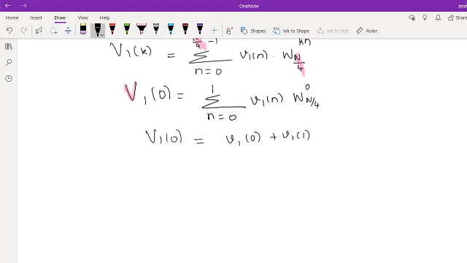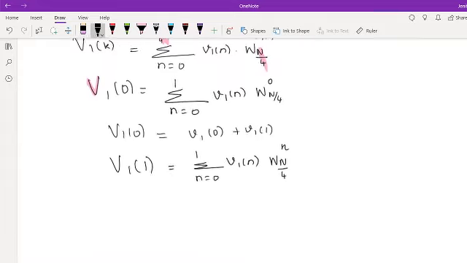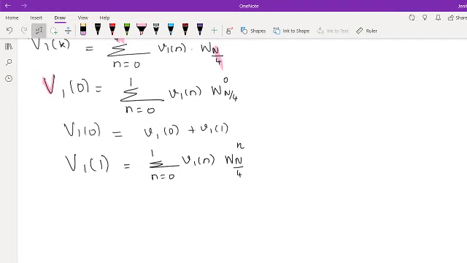And now we need to calculate V1 of 1, the second sample. So again, summation n is equal to 0 to 1, V1 of n, W N by 4 power kn. The k value is 1, so we have only the term n now. So what is the value of W N by 4 power n?